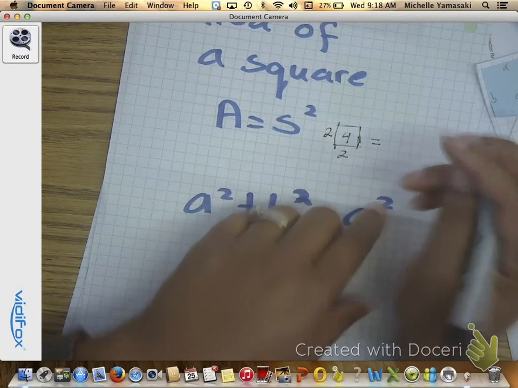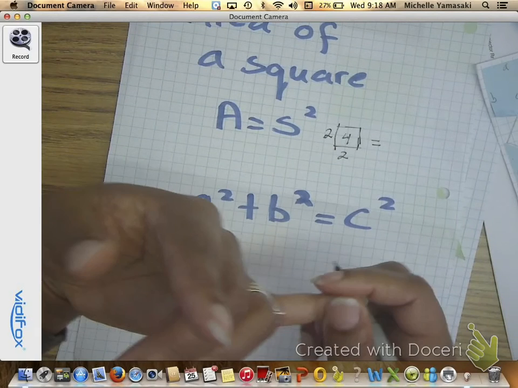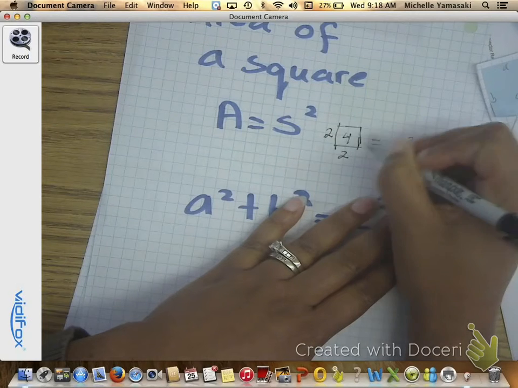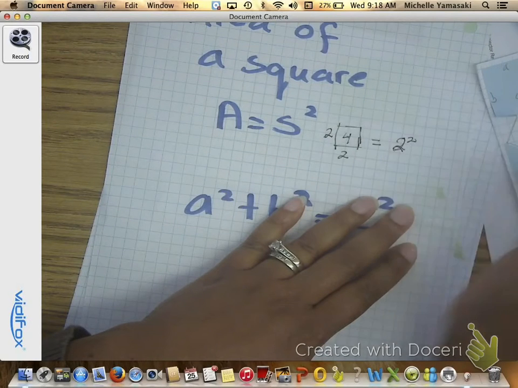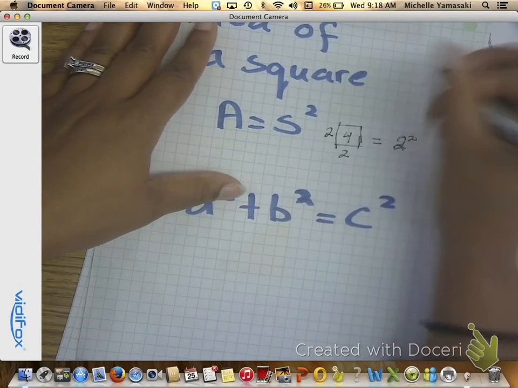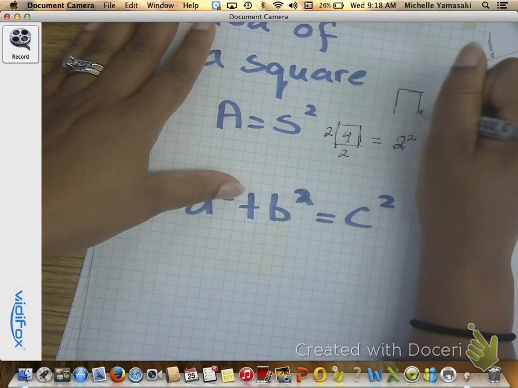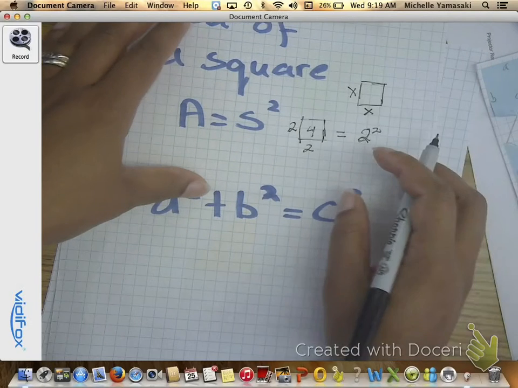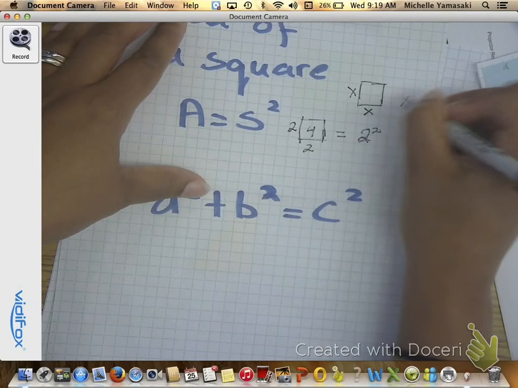I don't need an equal sign because it's an expression, but you said 2 squared. What if I didn't know this was 2, and I call it x? Since it's a square, this would also be x, so the expression for the area would be x squared.